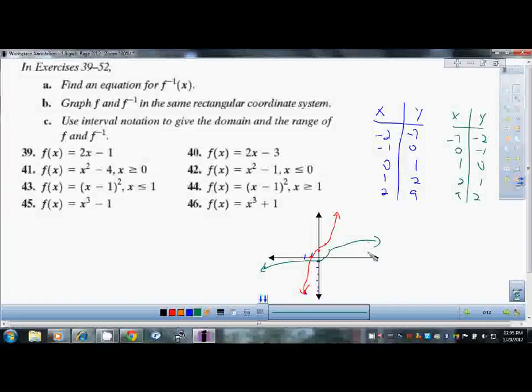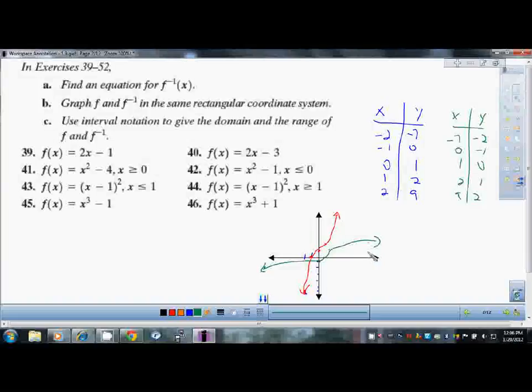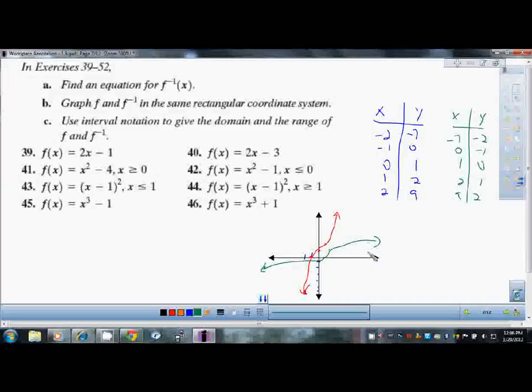I've got it drawn up there. I think 36 is easier than 46. Take off the coordinates that you can, flip them, and graph the new coordinates. Yeah, that's what you do.